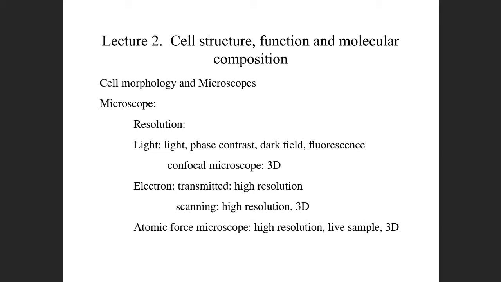Transmission EM gives you even higher resolution than scanning EM. But scanning EM does provide an interesting advantage because the image it generates is three-dimensional, since it's based on the bouncing. So I'll talk more about these two classes of microscope a bit later.